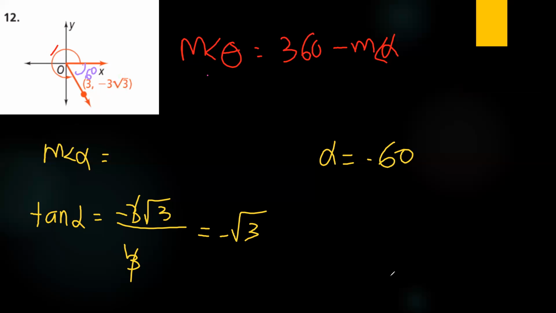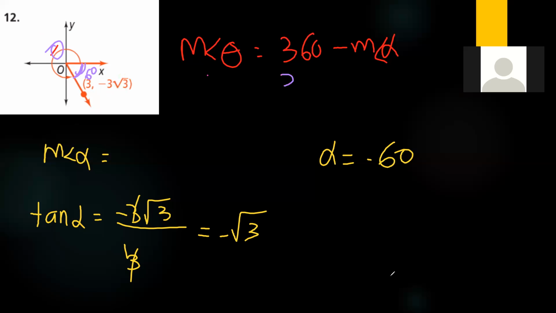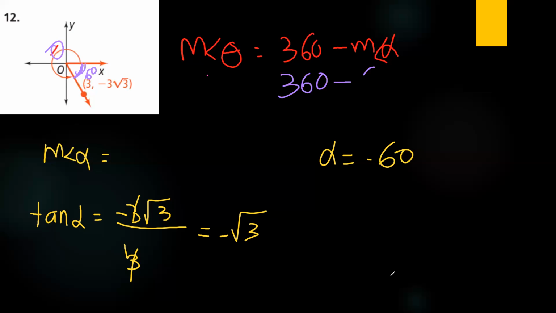So if this angle is 60, what is the measurement of theta? It is 360 minus 60, which is 300 degrees. You will find theta. Or you can say that we stopped here at 270, and here we have 30, so it's 270 plus 30, which is 300 degrees.